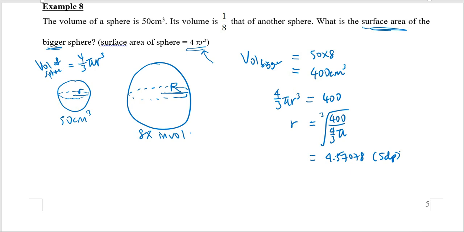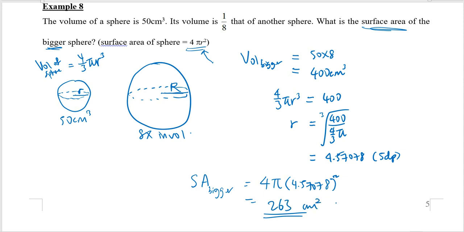What they really want is the surface area. Now that I have the radius, I can find the surface area for the bigger sphere by applying the formula 4 pi r squared. By pressing this on the calculator, you should be getting the answer 263 cm square, rounded off to 3 significant figures.